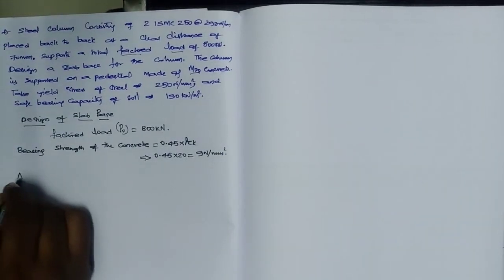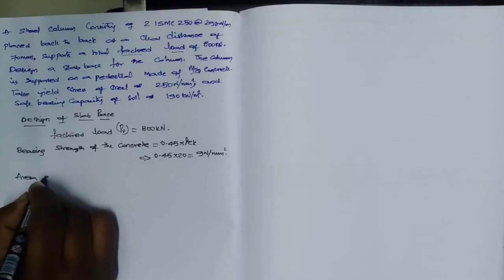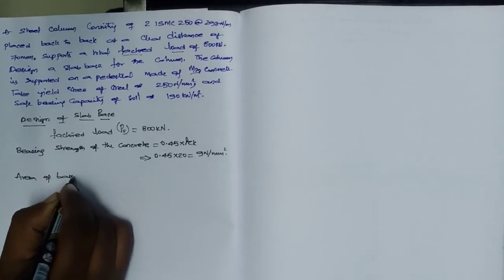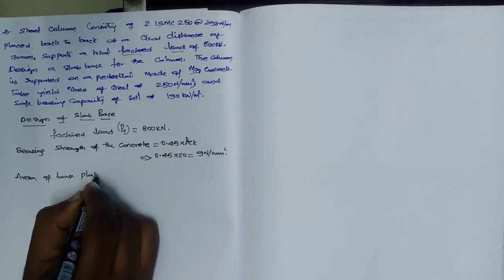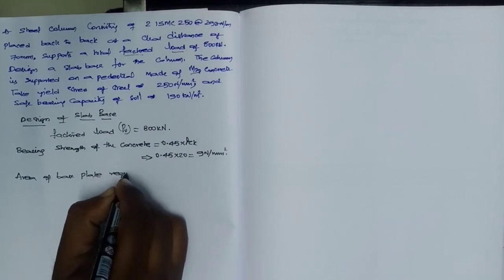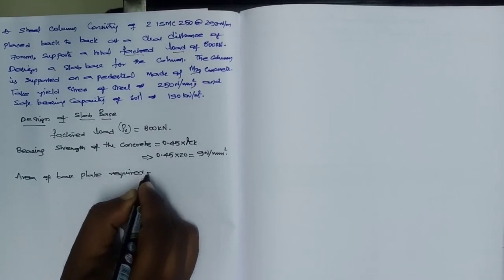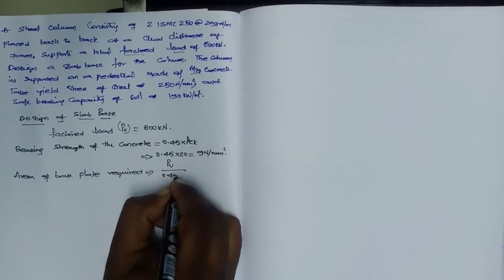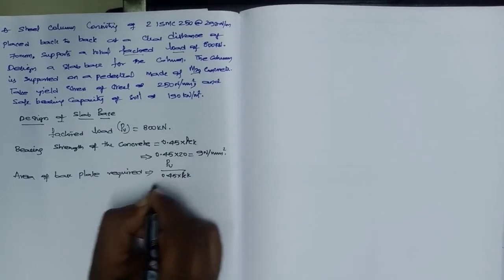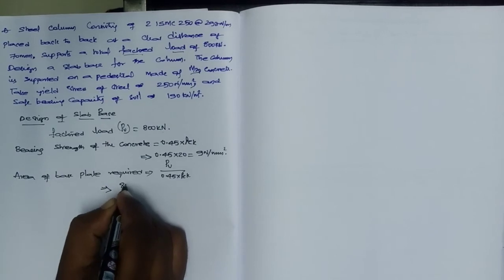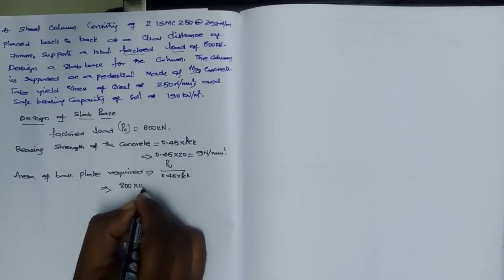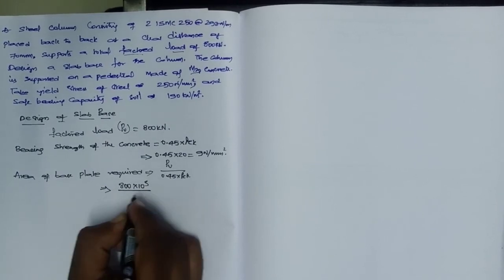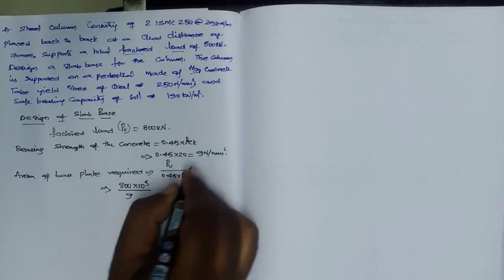Next, area of base plate required. What happens? PU by 0.45 into FCK, that is 800 kilonewtons into 10 power 3 newtons divided by 9.